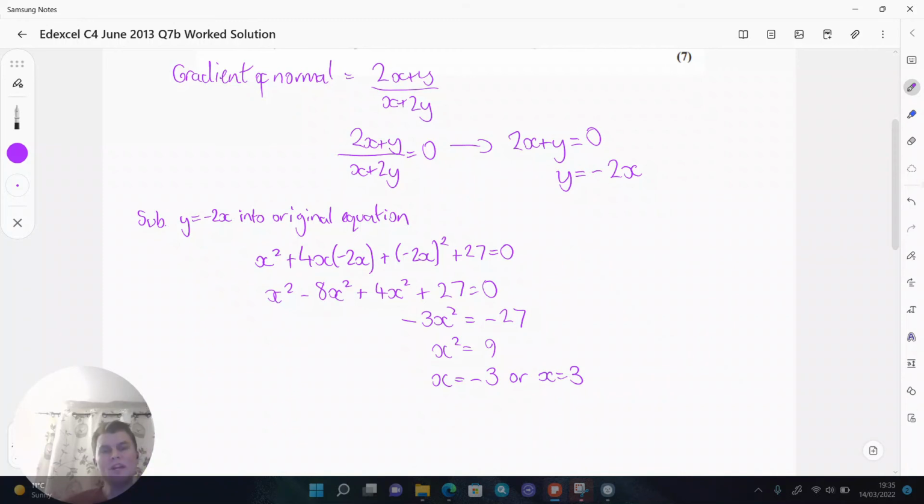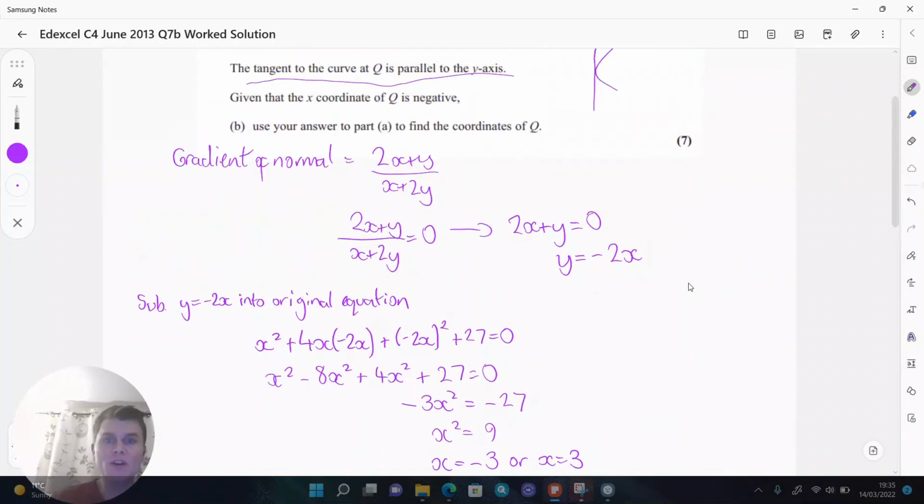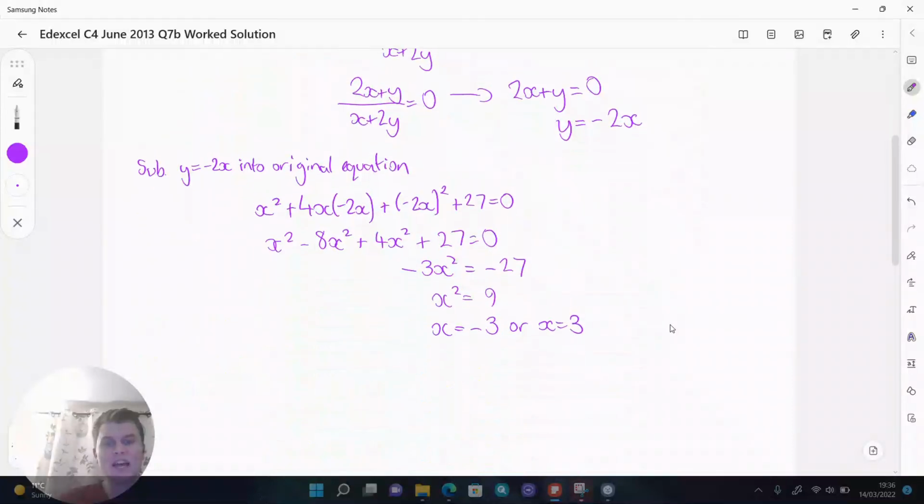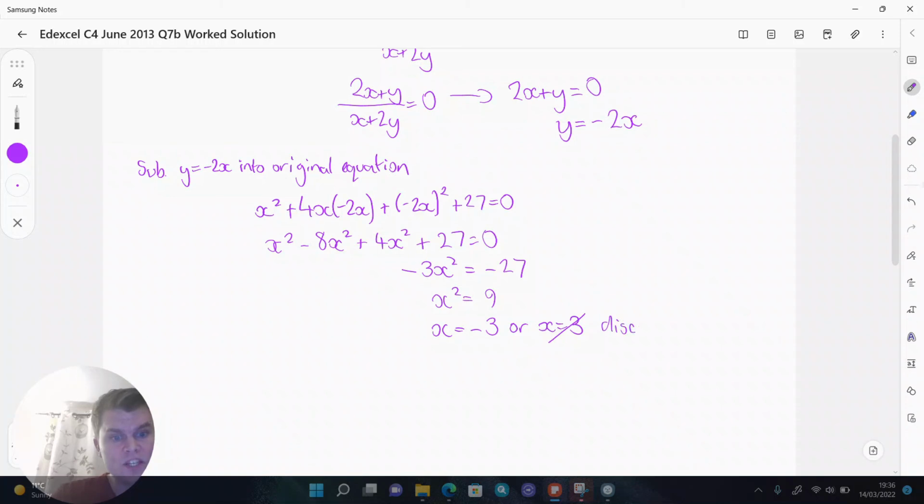Okay, when you get two solutions, it's always worth looking back at the question. And in this case, the question tells us that the x-coordinate of Q is negative. So we're going to take our negative solution and discard the positive.